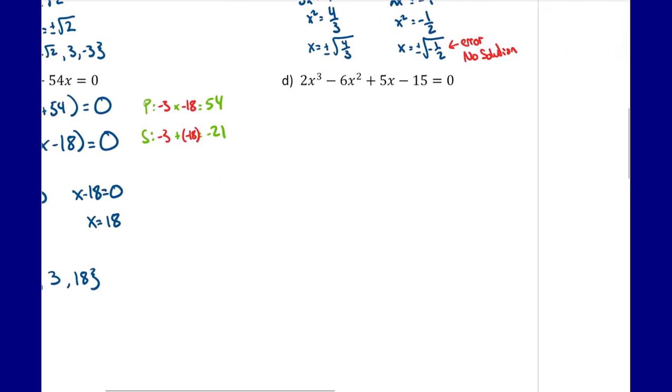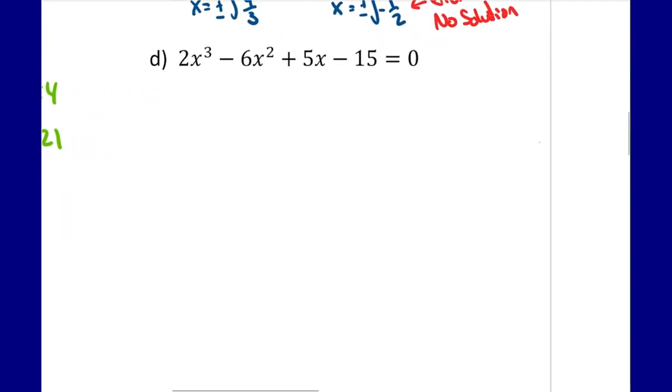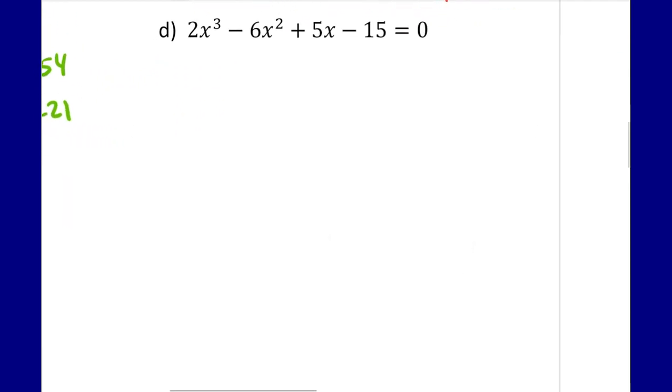Next one, D, I have 4 terms: 2x cubed minus 6x squared plus 5x minus 15. If I have 4 terms like this, factor by grouping.